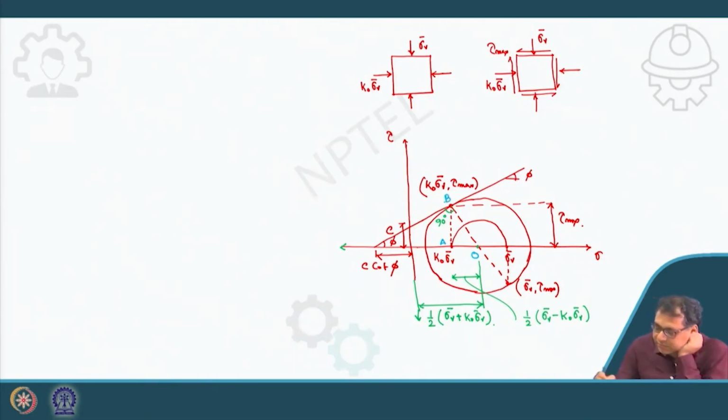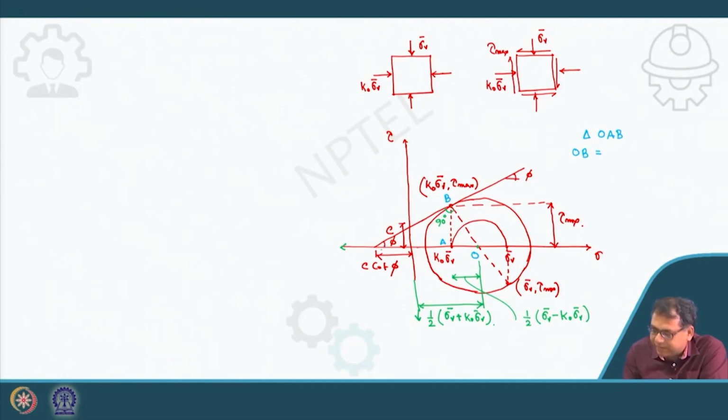Okay. Now from triangle OAB, what is the OB value? Because you know this total length is how much? This total length is C cot phi plus half sigma v bar plus k0 sigma v bar, and this is 90 degrees.